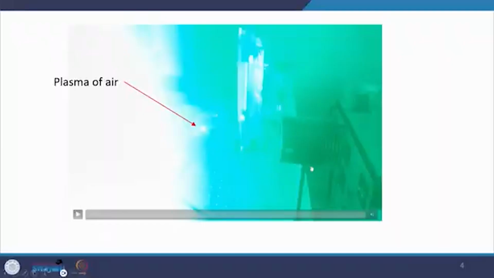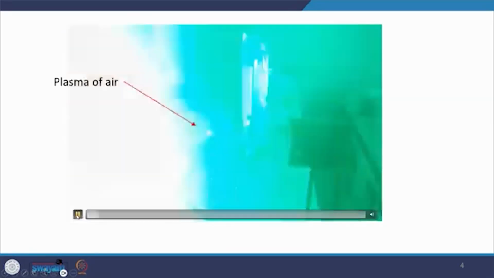Now, I will show another video where you can see the ionization of gas, or the plasma of air, simply in the air, just by focusing the laser light. You can see how a huge amount of energy can be focused with the help of a lens within a very small region, and you can generate the plasma of different materials, whether gas, solids or even liquids.